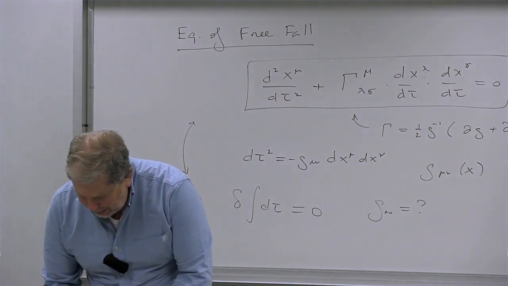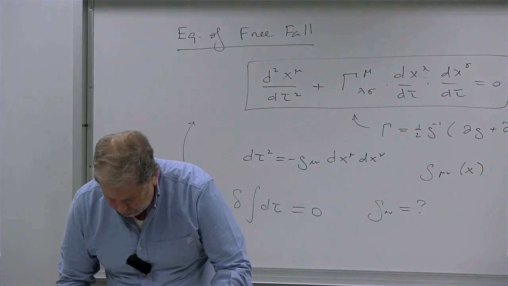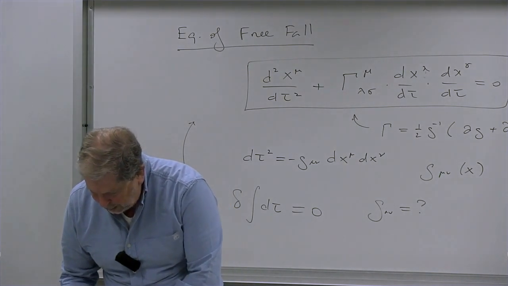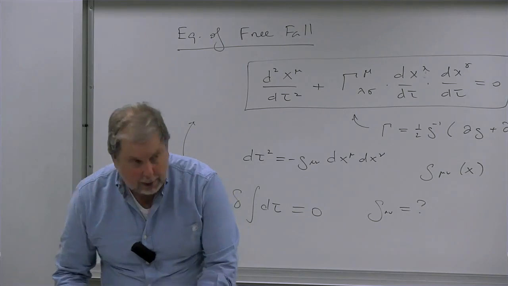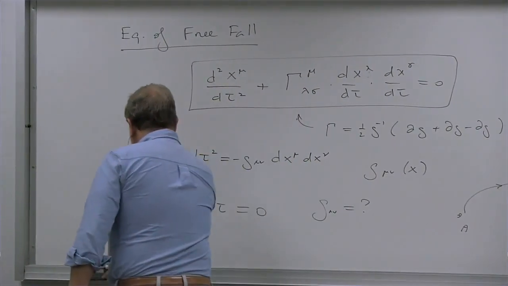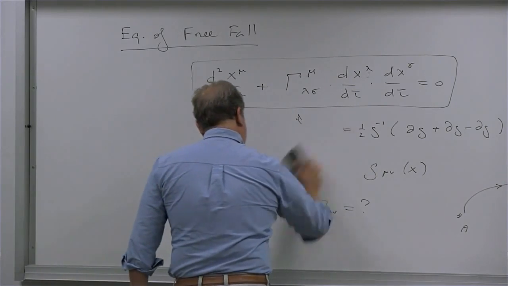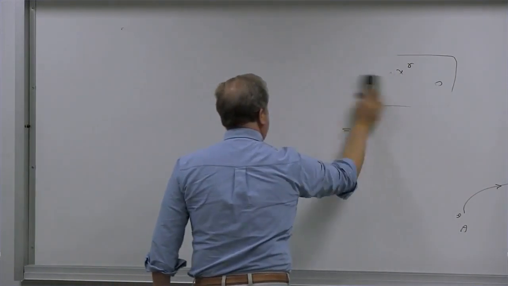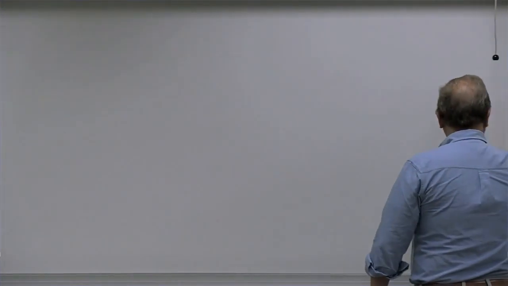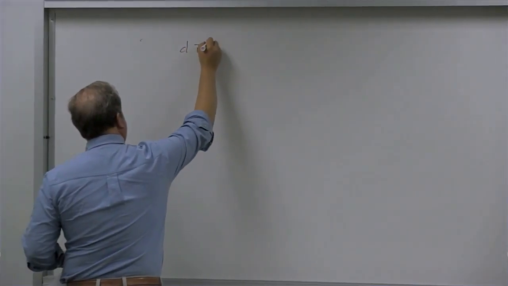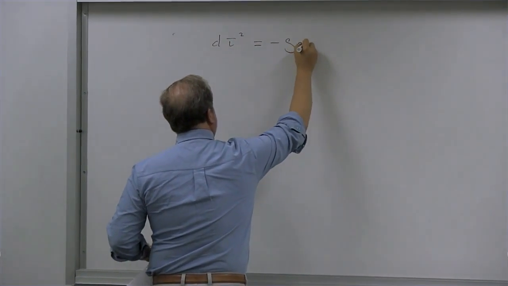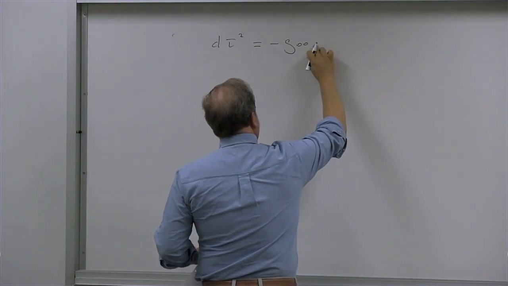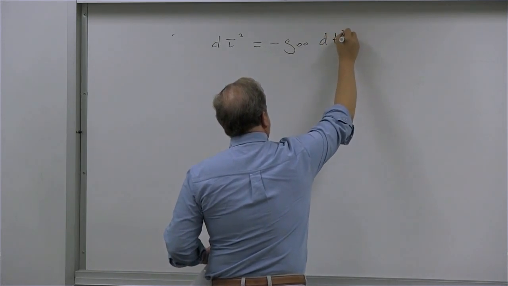Nevertheless, we might want to think a little bit about what this means at this stage. So I'm going to erase some of this stuff and just stare at the relationship that we have just obtained, which is that d tau squared is equal to minus g naught naught times dt squared.